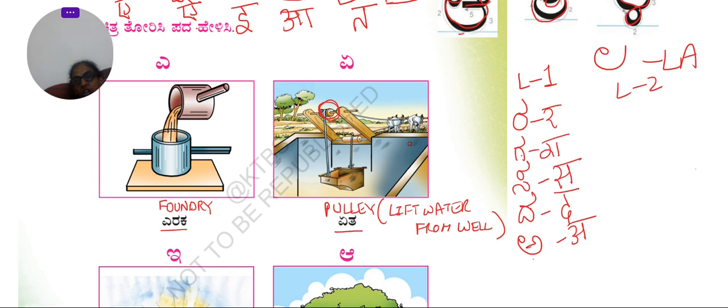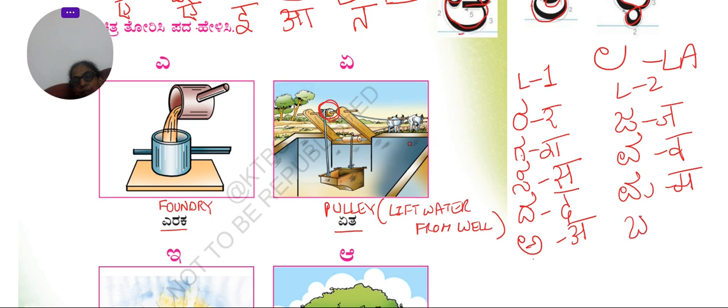In lesson 2 we saw Ja, Va, Ma, Ba, Na. So Ra, Ga, Sa, Da, A, Ja, Va, Ma, Ba, Na. That is lesson 1 and lesson 2.